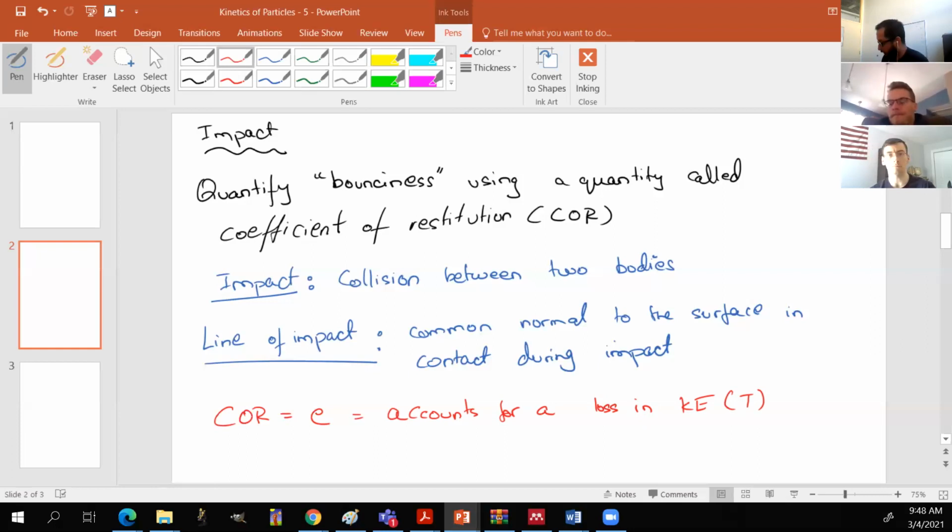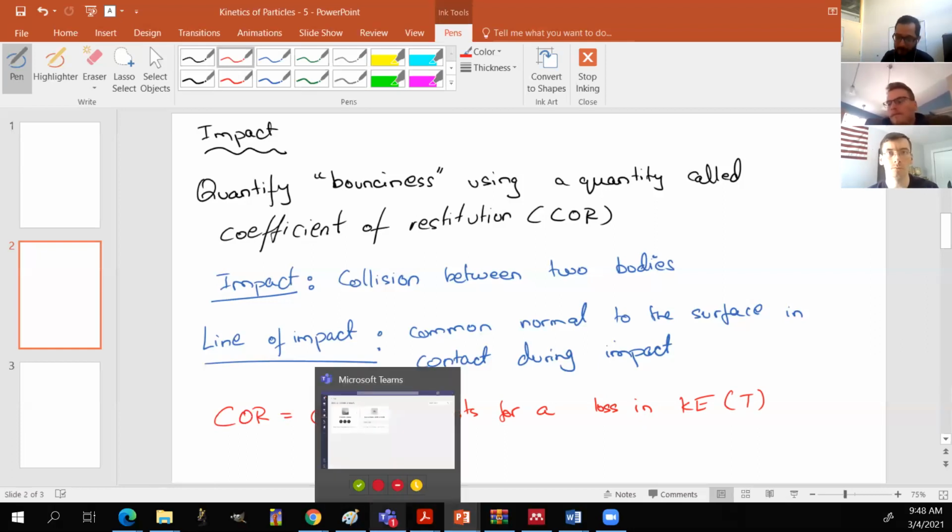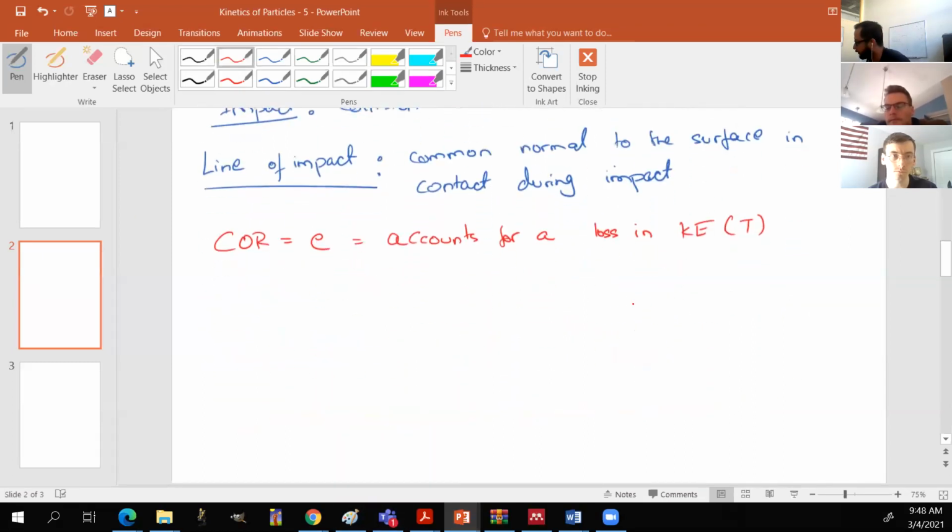All right, so let's look at the different kinds of impacts that one could have, right? These are the direct central impact and the oblique impact, right?